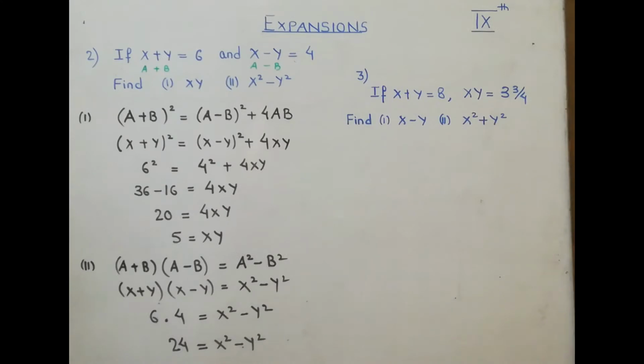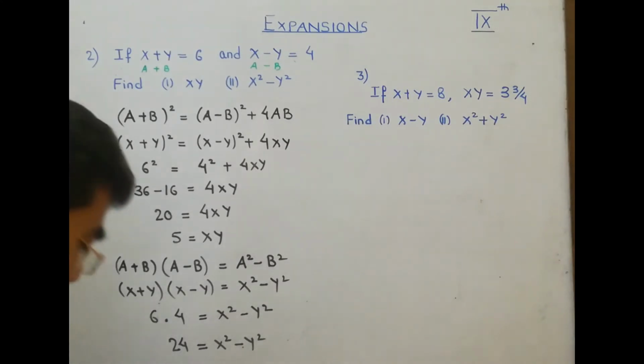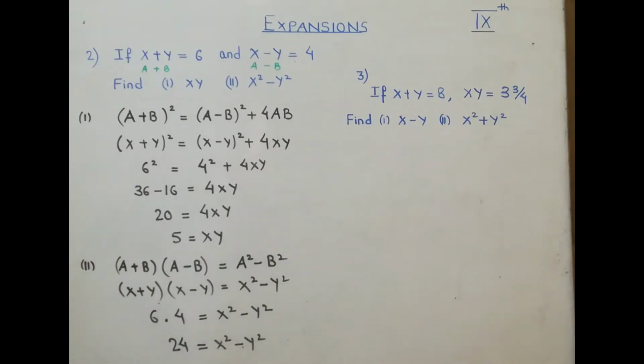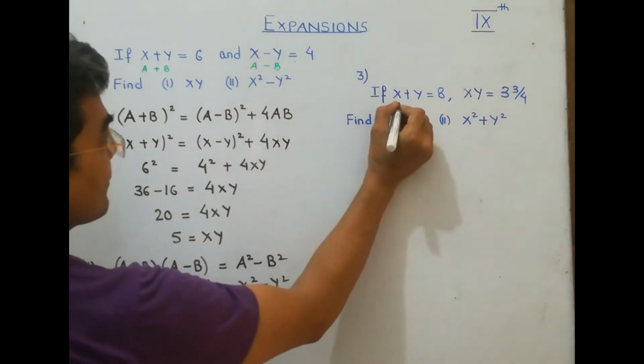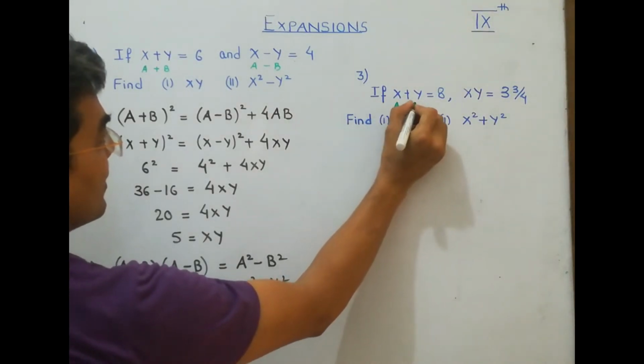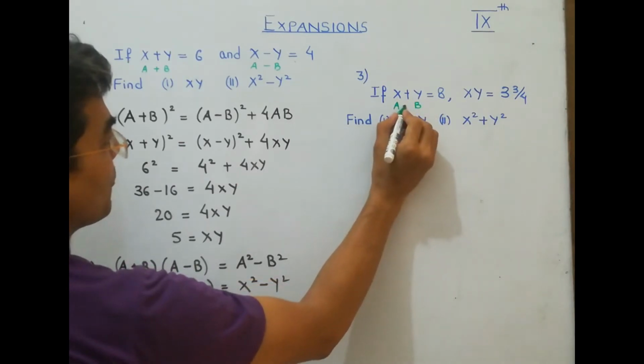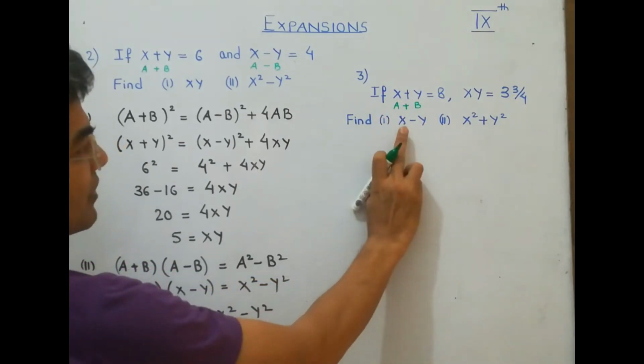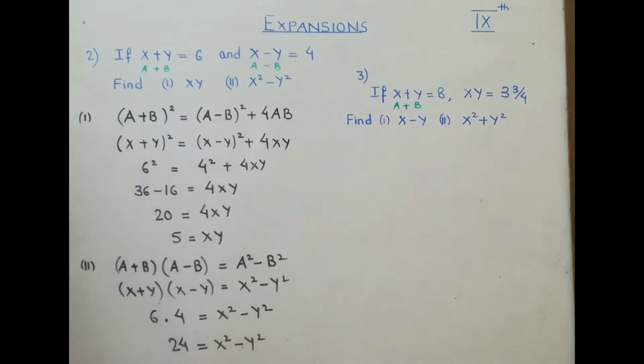So let's try these parts. We have to find. Now here again we can say what is given to us. We can say a plus b is given. Now this is a plus b, x is considered as a and this as b. So we can say a plus b is given and we need to find a minus b.